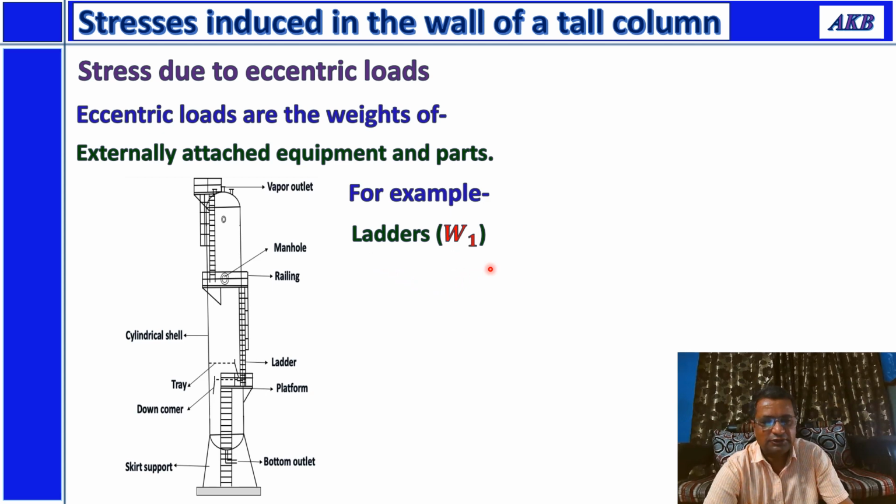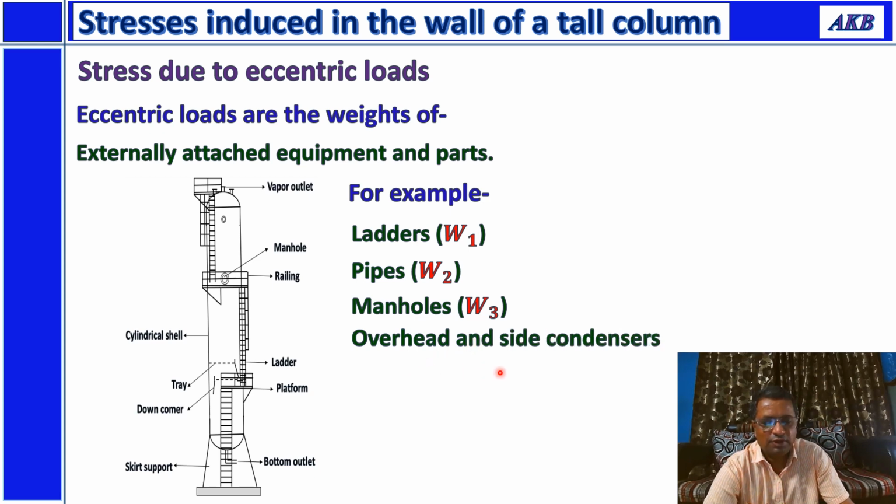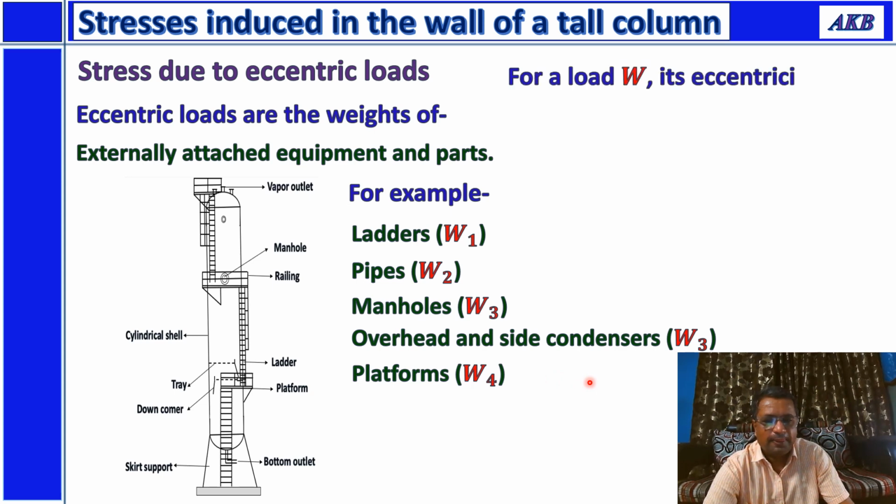You have ladders, pipes, manholes, overhead and side condensers, platforms. These are all examples of externally attached equipment, and this may be acting as eccentric loads.